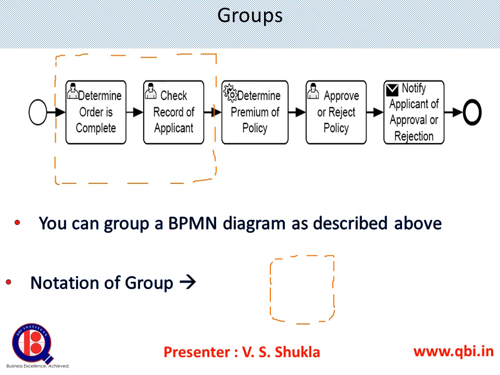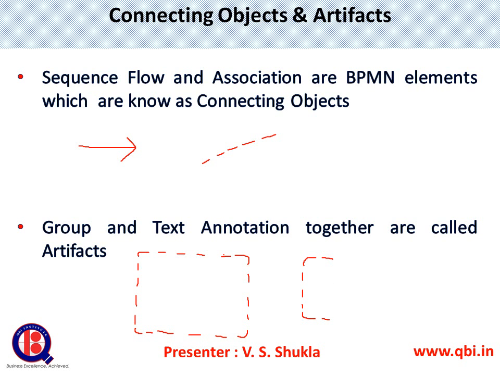Similar activities of a process can be grouped together by a rectangle which has a dotted line. This is the notation of a group. Sequence flow and association are notations which are part of the BPMN element known as connecting object. Group and text annotation are part of the BPMN element which is known as artifact.